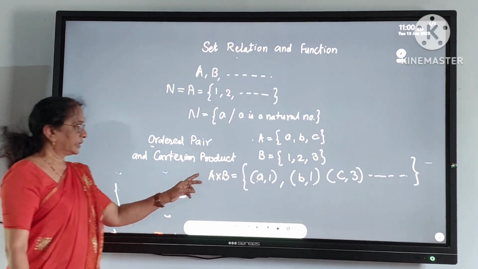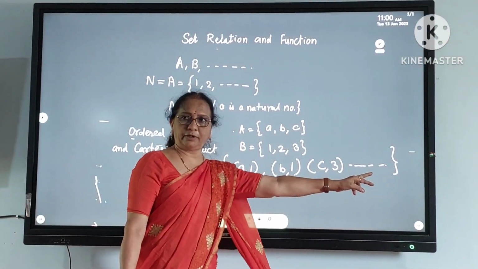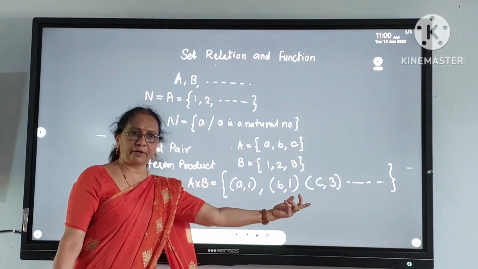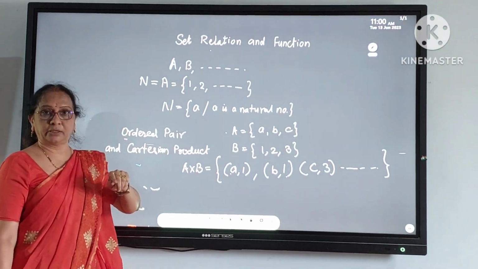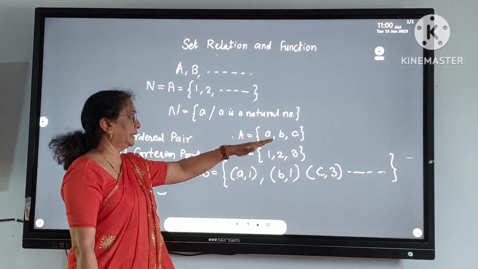Cartesian product means the set of ordered pairs from two different sets which are non-empty. Listen, the two sets are always non-empty.